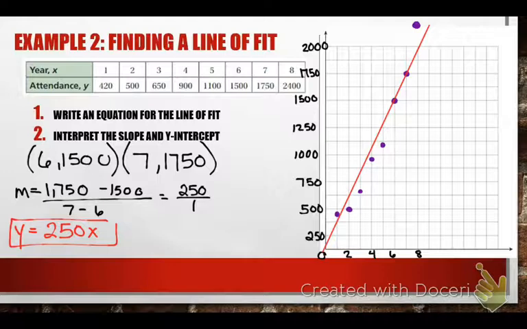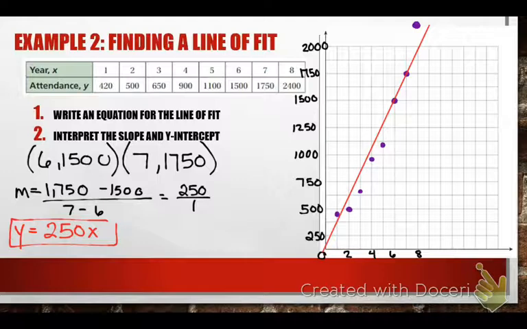More people do come. That's the overall relationship, yes. But specifically with this number, what is this number telling me? As each year comes, 250 more people. Yes.